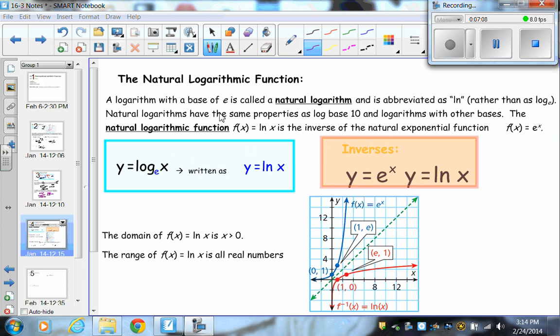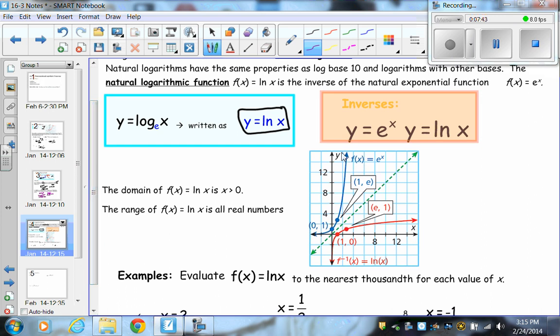Natural logarithms have the same properties as the log base 10 and logarithms with other bases. The natural logarithmic function f of x equals the ln of x is the inverse of the natural exponential function. So what you might want to write is y equals the log base e of x. We're always going to write it as y equals the ln of x. Okay, so also y equals e to the x and y equals the ln of x are inverses of one another.